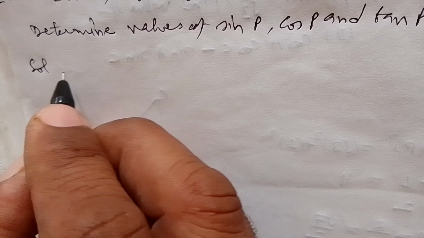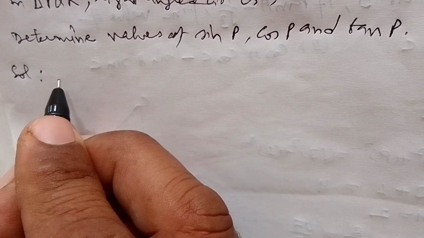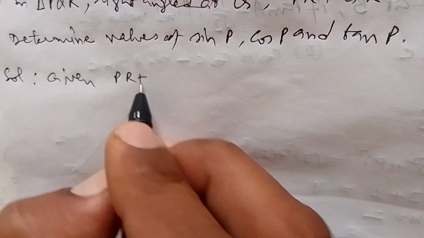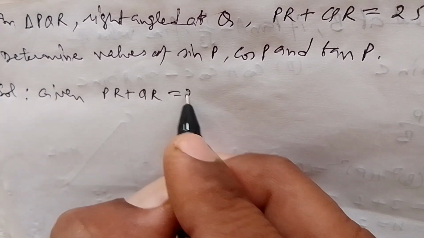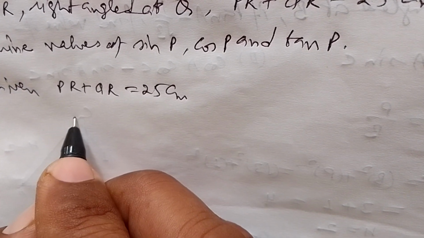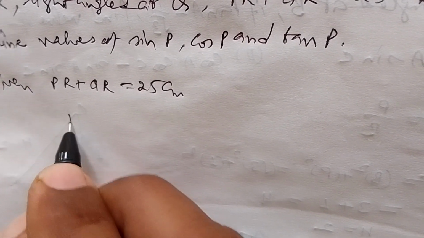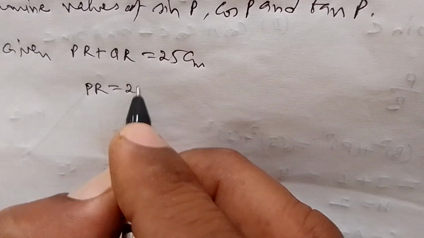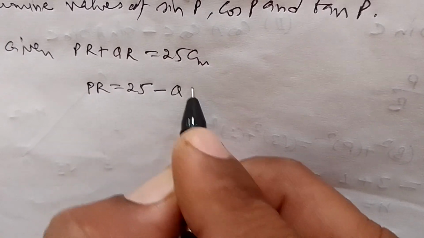The solution of the question is as follows. Since we are given PR plus QR is equal to 25 centimeter, we can write it as PR is equal to 25 minus QR.